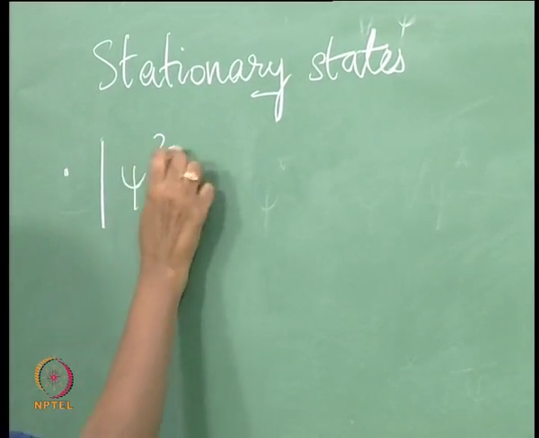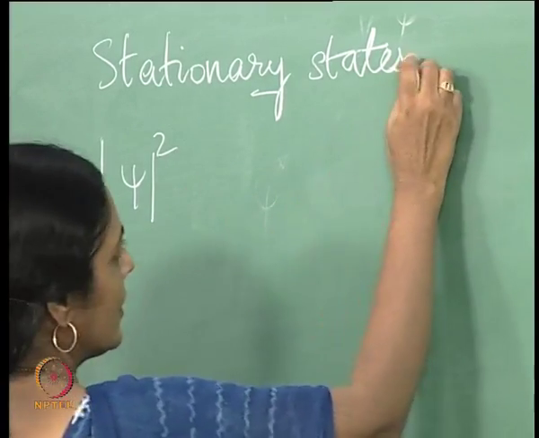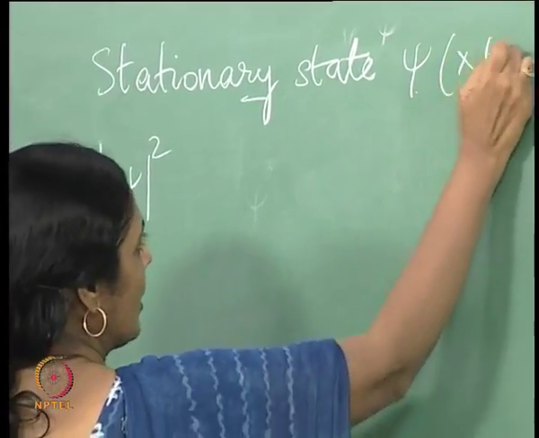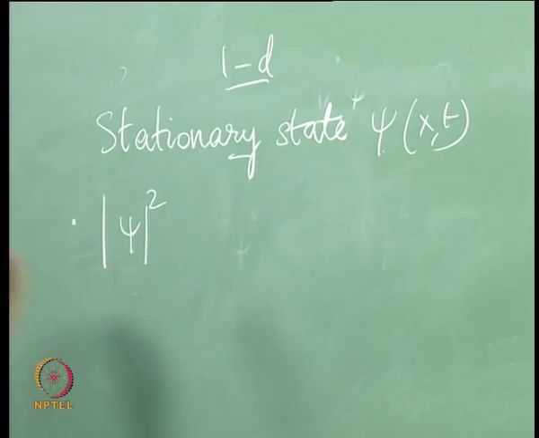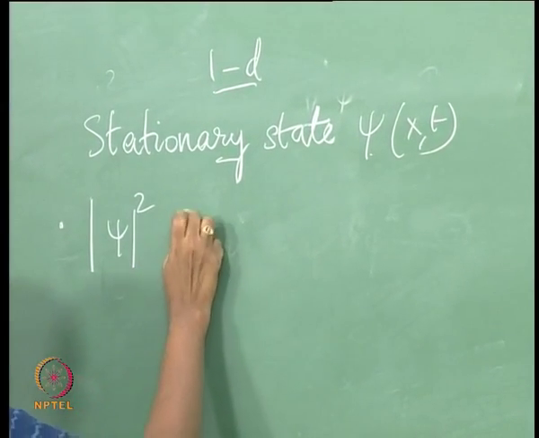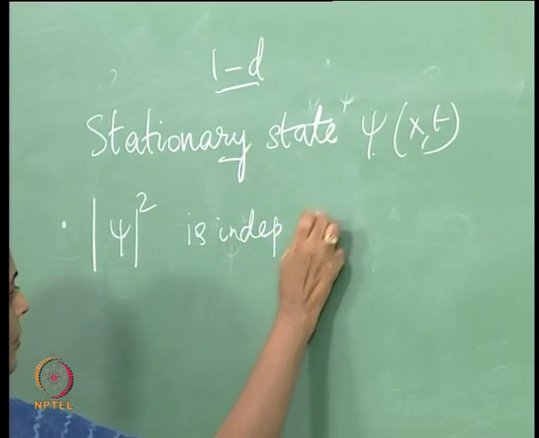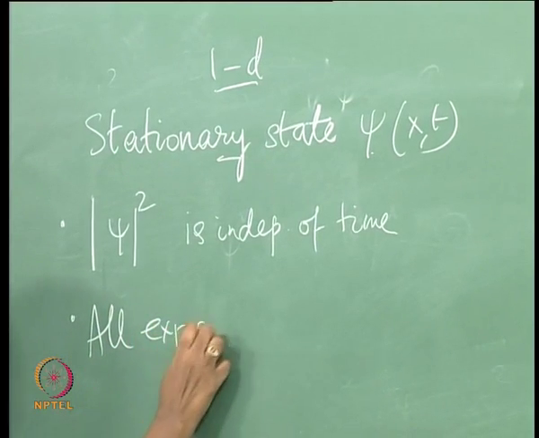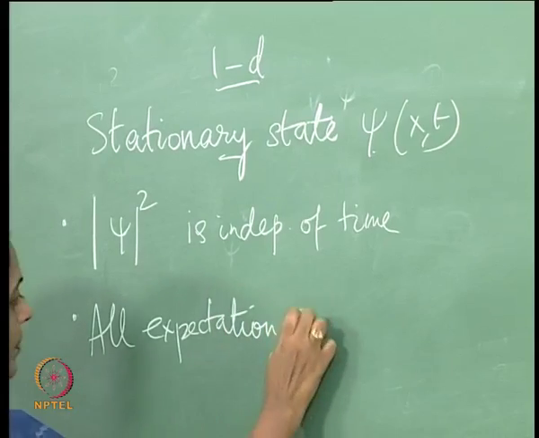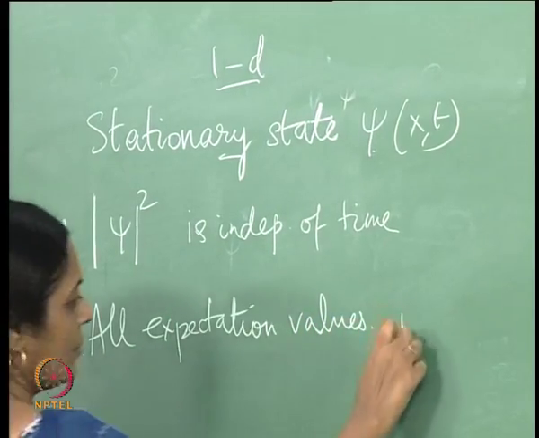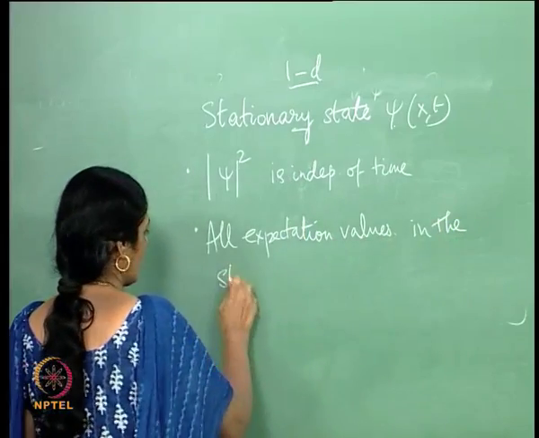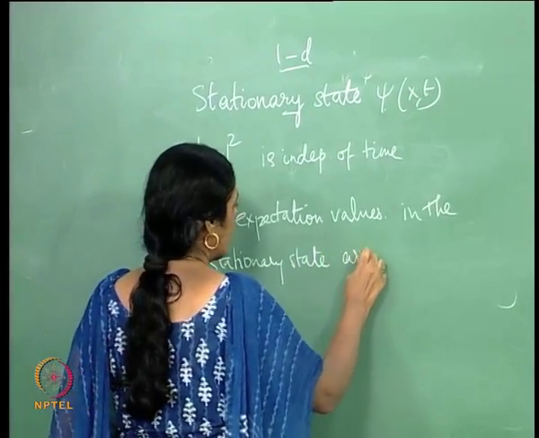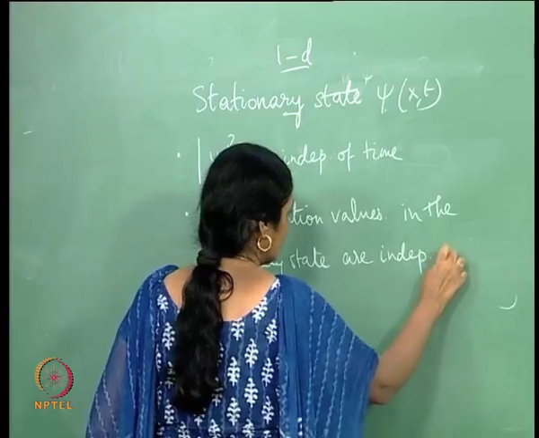First of all, mod psi squared, for the stationary state psi, in one dimension, can always generalize it to 3 dimensions, is independent of time. All expectation values of relevant observables in the state psi are independent of time, they are conserved in time.